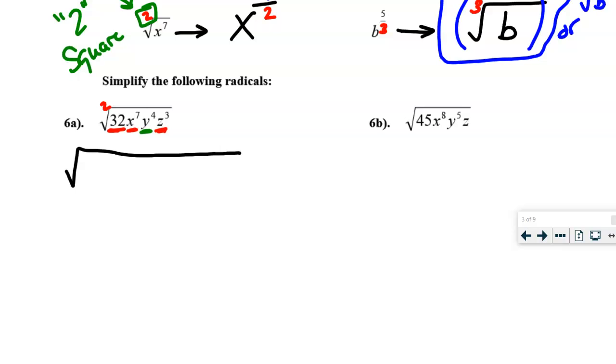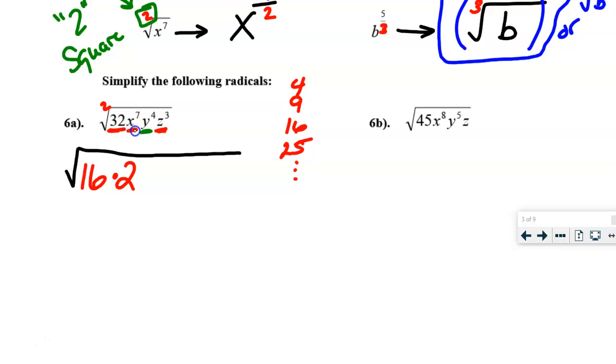So first thing I do is I look at 32, and I look at my list of perfect squares, which remember is 4, 9, 16, 25, and so on. And which ones of those can be a factor of 32? Well, you want to go as big as possible, so I'm going to go with 16. So 32 is 16 times 2.